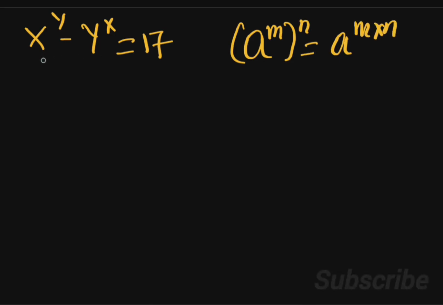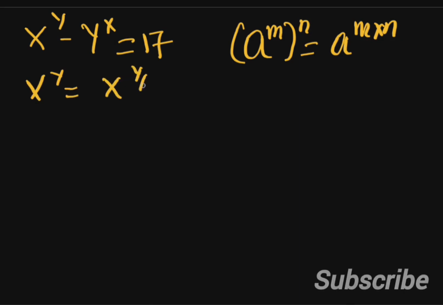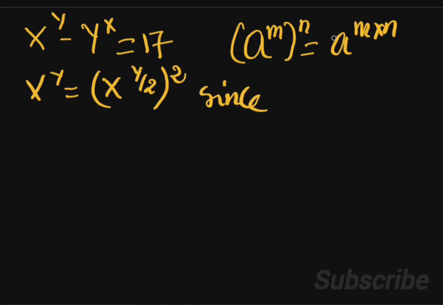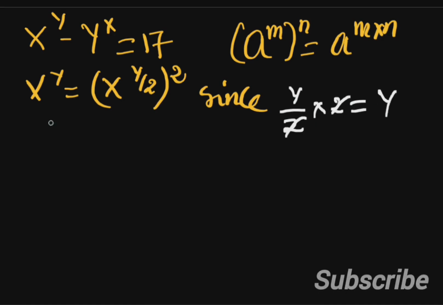Okay, I'm going to rewrite this equation in another form. For that, we have x to the power of y is equal to x to the power of y over 2, all this squared, since according to this formula, y over 2 times 2 is equal to y.